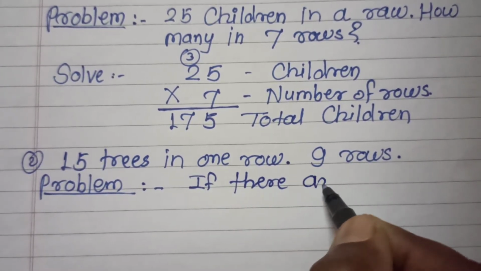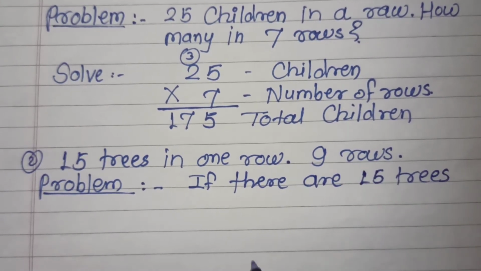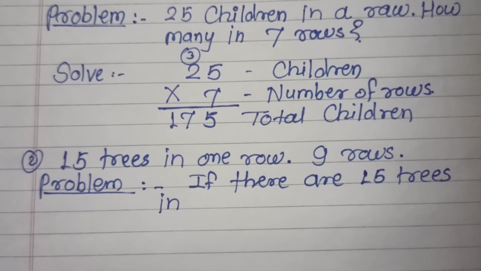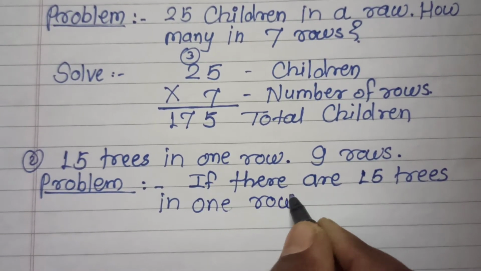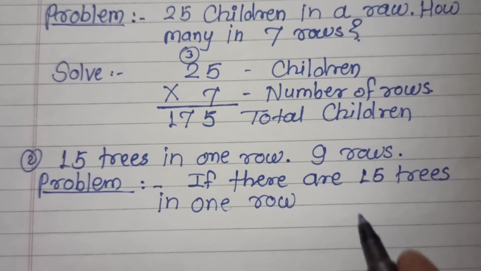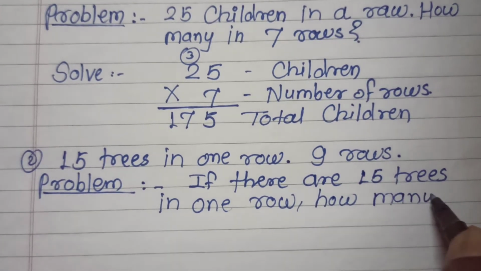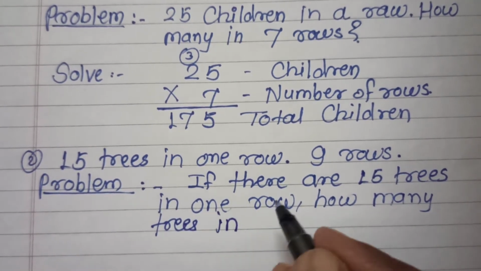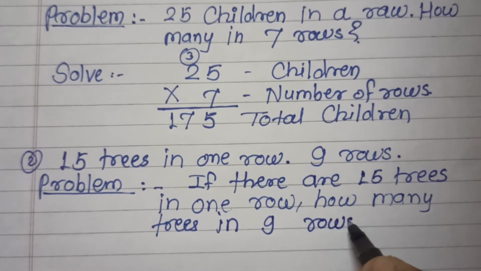if there are 15 trees in one row, how many trees in 9 rows?